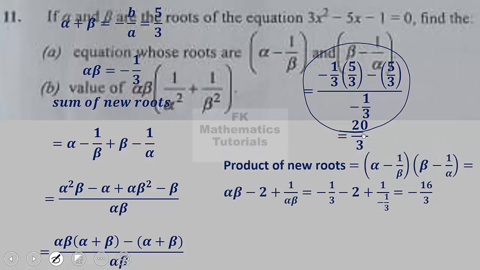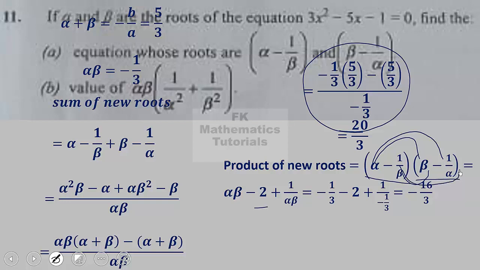The product of roots is also obtained in a similar manner. First, we multiply this and this to get alpha beta. This and this will give us minus 1, and this will also give us minus 1, which gives us negative 2 there.